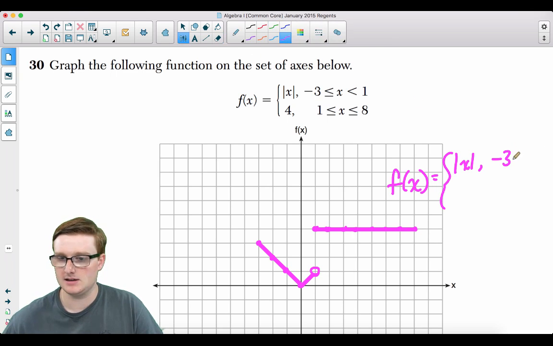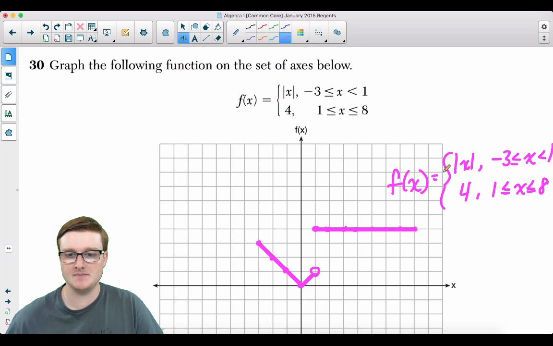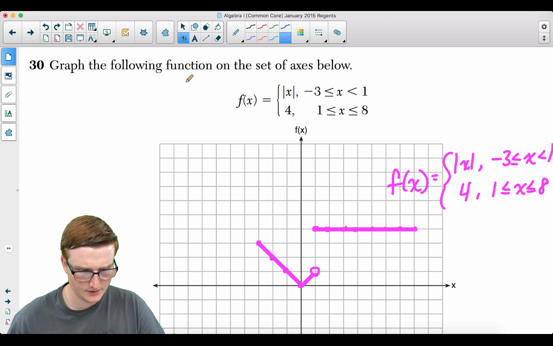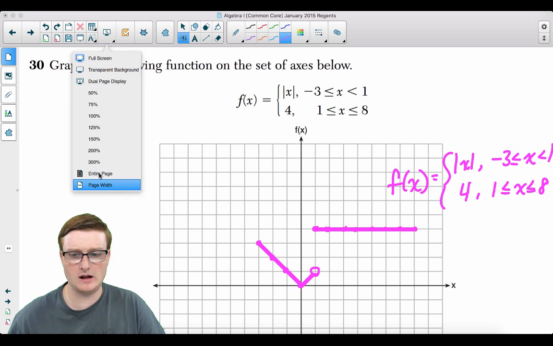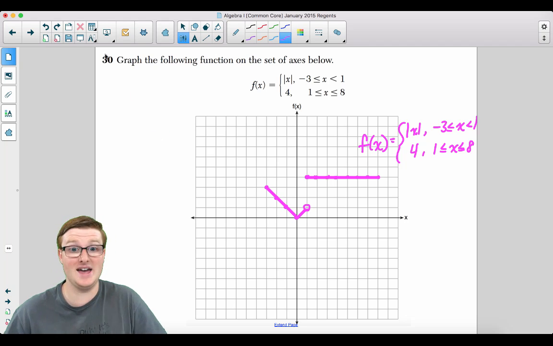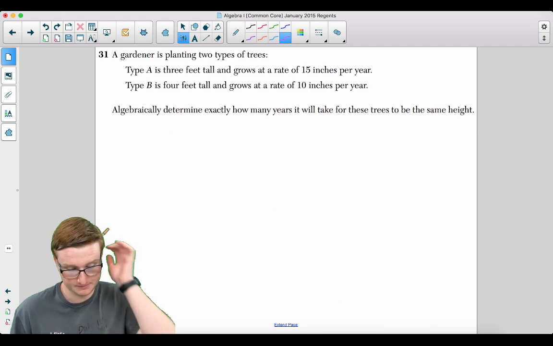Negative 3 is less than or equal to x, which is less than 1, and we get 4. 1 is less than or equal to x, which is less than or equal to the number 8. So, is that all they wanted? Graph the following function on the set of axes below. Is that it? There's no follow-up question? That's it? Nice. That's a 2-point question. Yeah, cool. All right, 31.